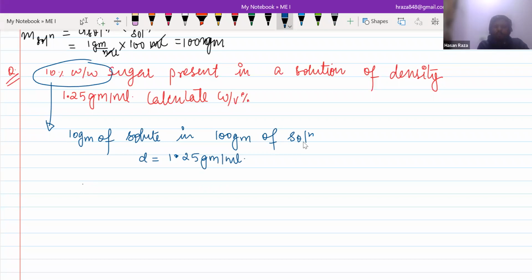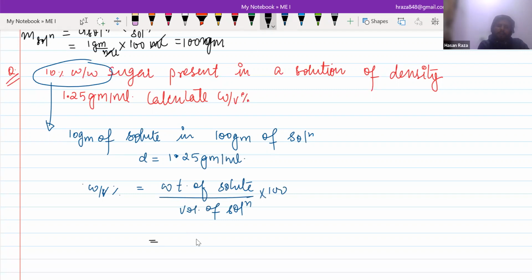Now we need to calculate weight by volume percent, and weight by volume percent is weight of solute upon volume of solution into 100. Now weight of solute you can directly see it is 10 gram. So I just put it 10.